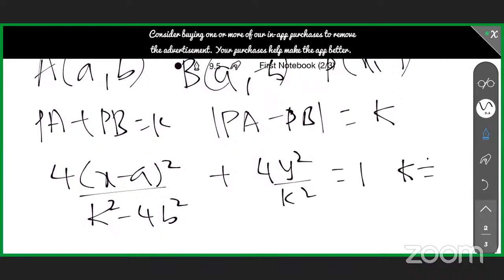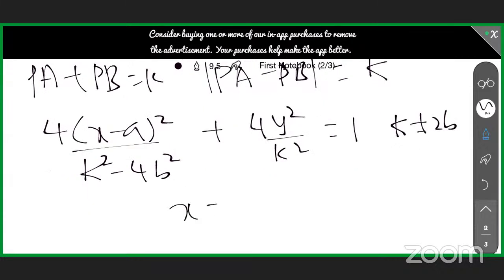Here k should not be equal to 2b. If k is equal to 2b, then x is equal to a. So these are some extra equations, some extra hints that help us solve the MCQs easily.